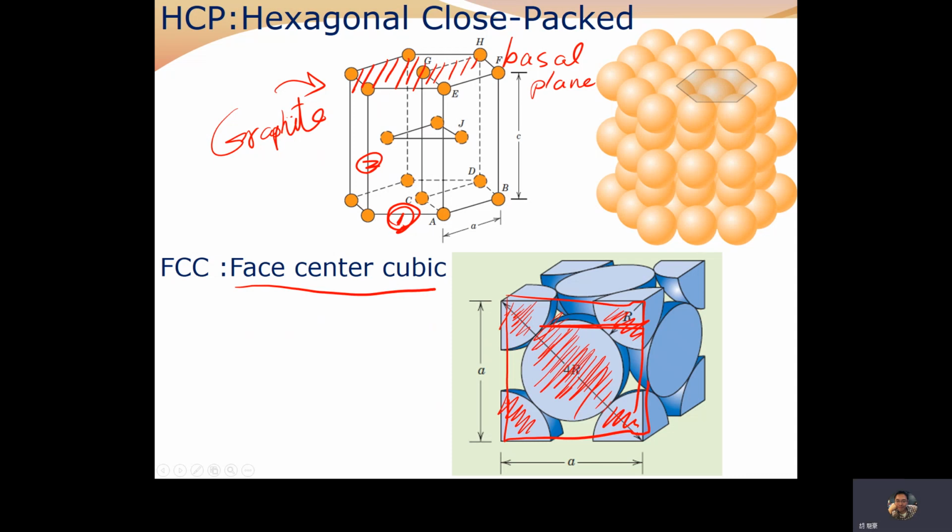Of course bonding 1 is stronger than bonding 2 because it's a covalent bond. And bonding 2 is a secondary bond. Therefore bonding 1 is much stronger than bonding 2. That's the reason why graphite is easy to peel off, easy to exfoliate, right?